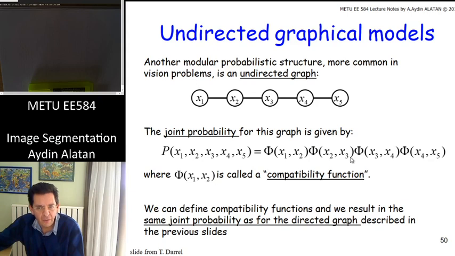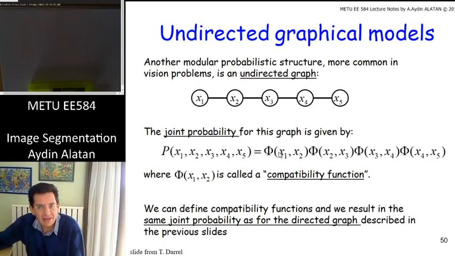Therefore, this time, this is undirected. Again, before I was writing in terms of pairs of first-order conditional random variables. This time, I'm writing something called compatibility functions, something similar to joint pair PDFs of pair random variables which are side by side. This is how I obtain a joint probability for an undirected graphical model like an image.